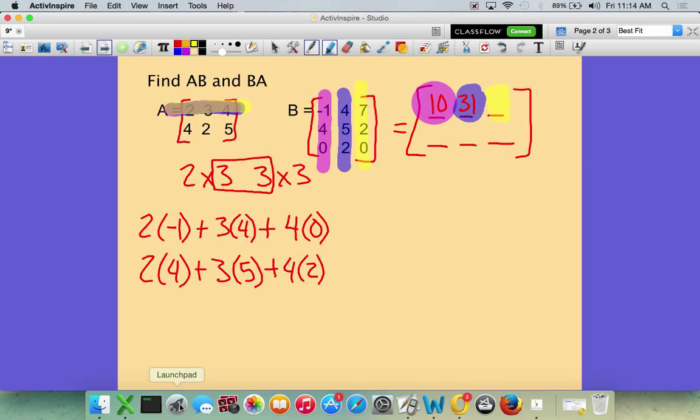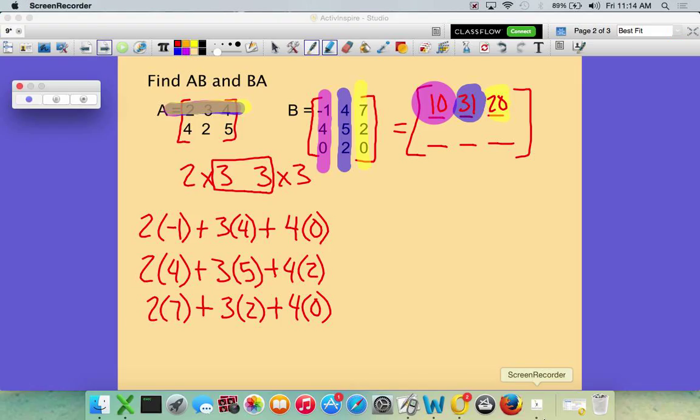So then we've got row 1 is 2 times 7 plus 3 times 2 plus 4 times 0. So 14 plus 6 is 20, plus 0 stays as a 20. Alright, now we're done with our entire first row up here.